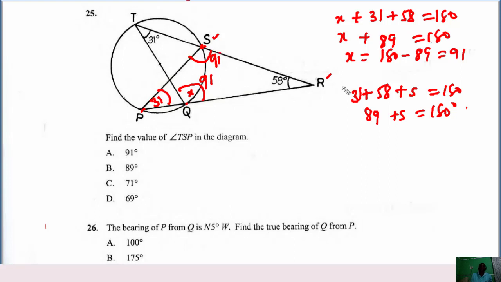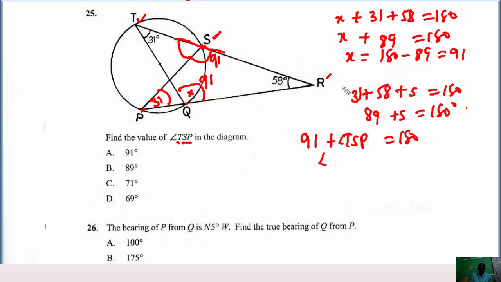Then here we have to find TSP. So this angle here, it's a straight line with the 91. So 91 plus angle TSP is equal to 180.